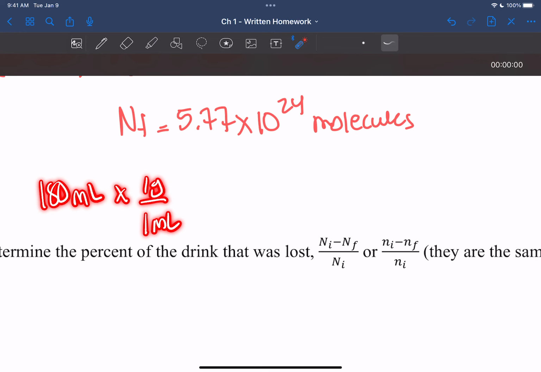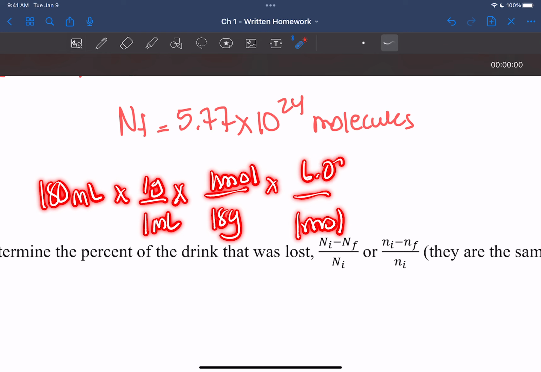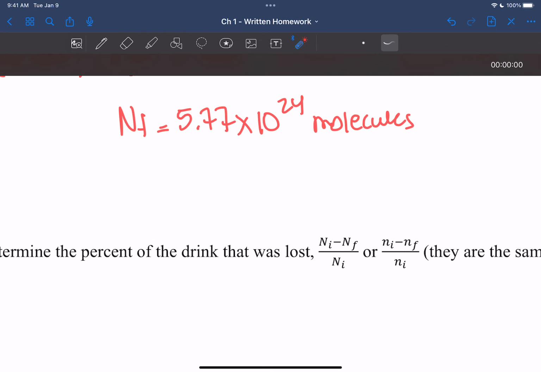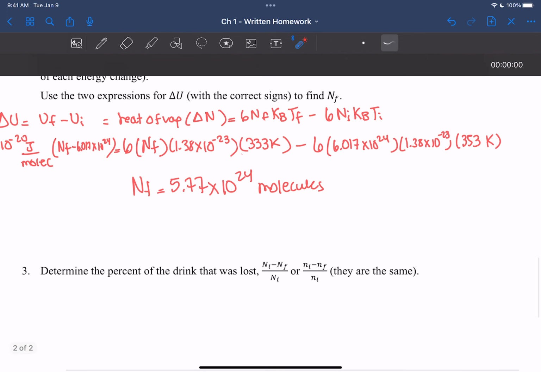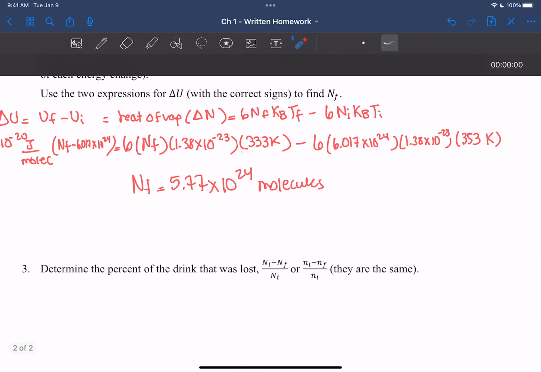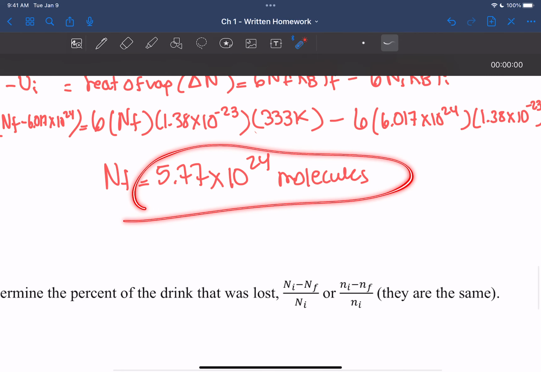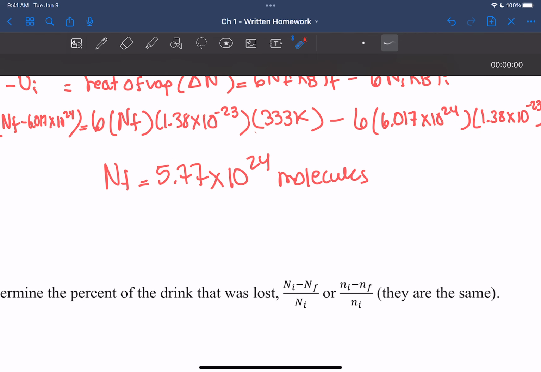If you solve that out, you should get that huge number. I got 6.017 maybe just because instead of using 18 grams as my molar mass, I used 18.018, so it'll depend. But in your final answer, that difference is so small that you still end up right around this number of molecules.